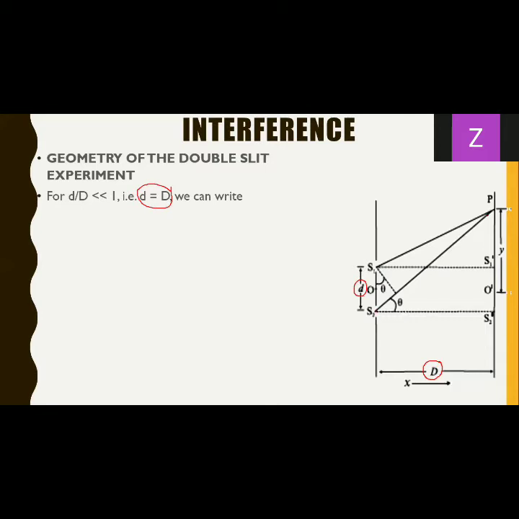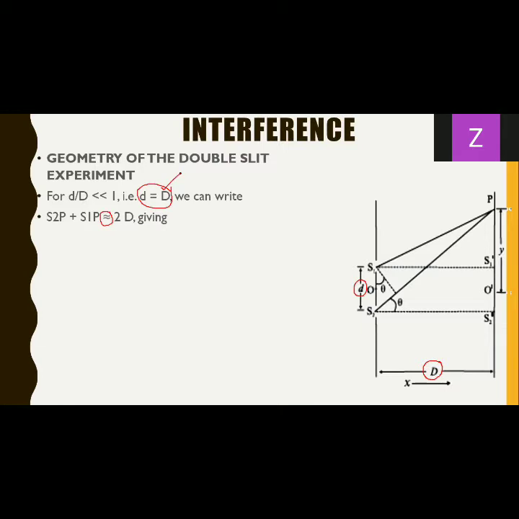This line, instead of being it like this, we can consider it as a straight line. So approximately S2P plus S1P can be considered to be 2 times that of D, approximately equal to, for a very large value of capital D.